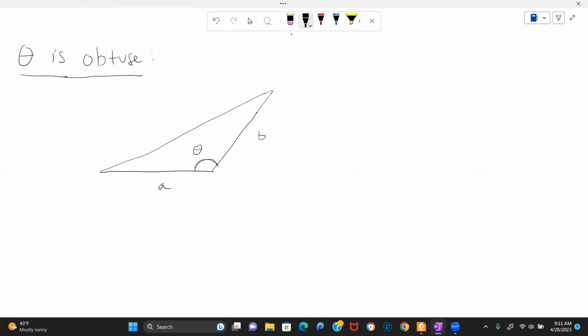And so again, the area of the triangle is going to be 1/2 base times height.